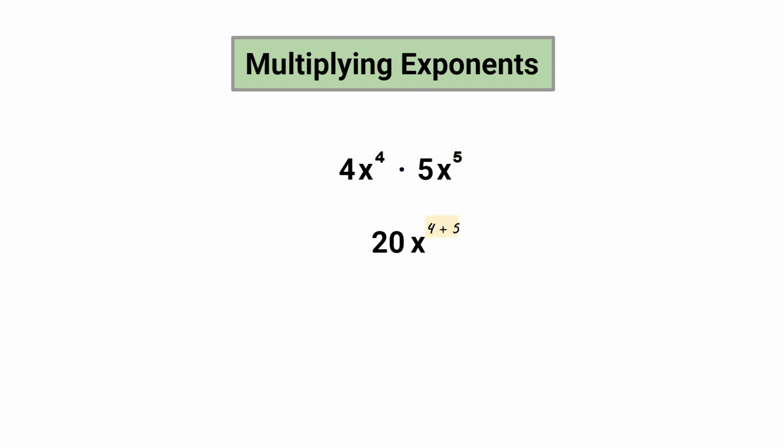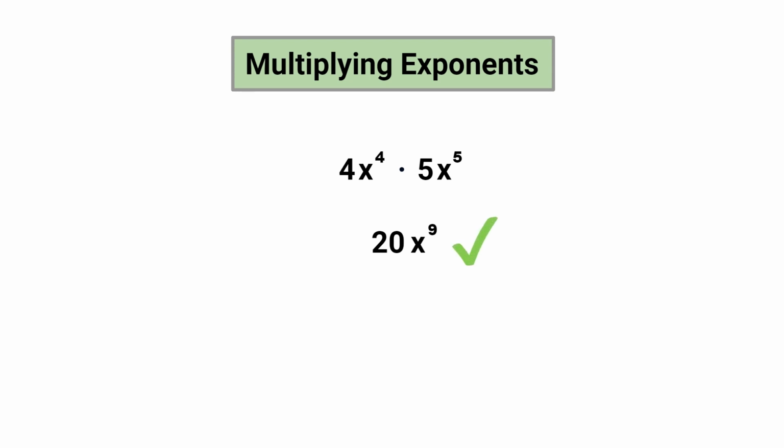So I'm going to add the exponents 4 and 5, which equals 9. And since x is an unknown value, we can't raise x to the ninth power, and we can't multiply 20 by x. So 4x to the fourth power multiplied by 5x to the fifth power has been simplified to 20x to the ninth power.